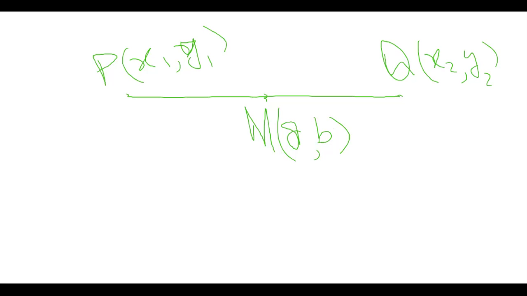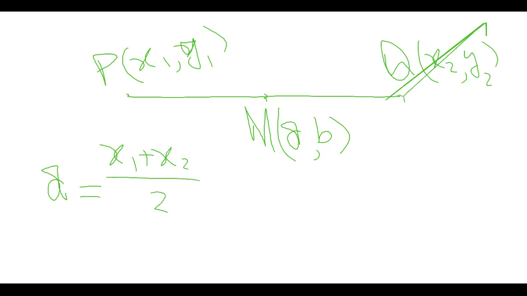So A is equal to x1 plus x2 over 2, and B is equal to y1 plus y2 over 2.